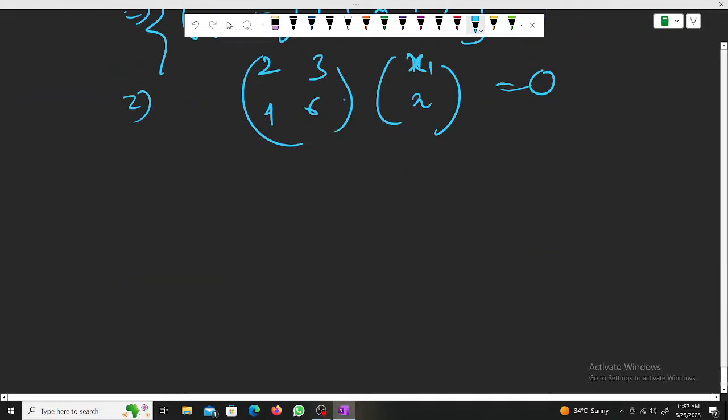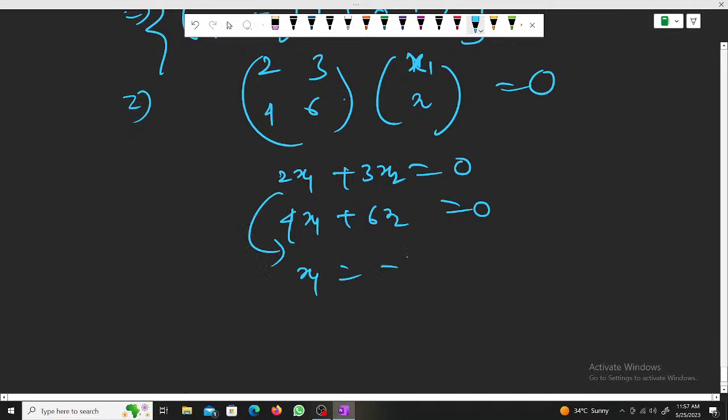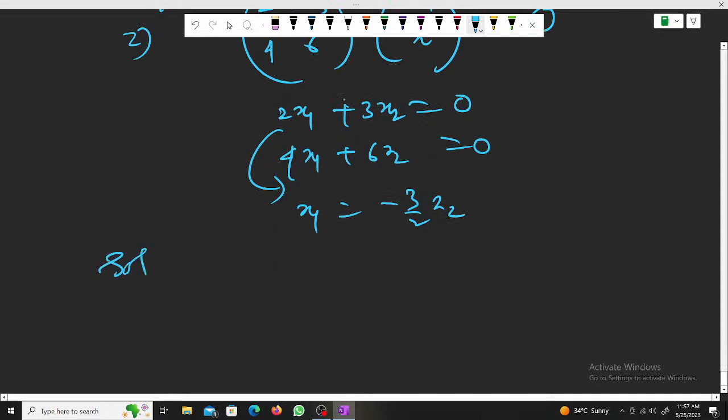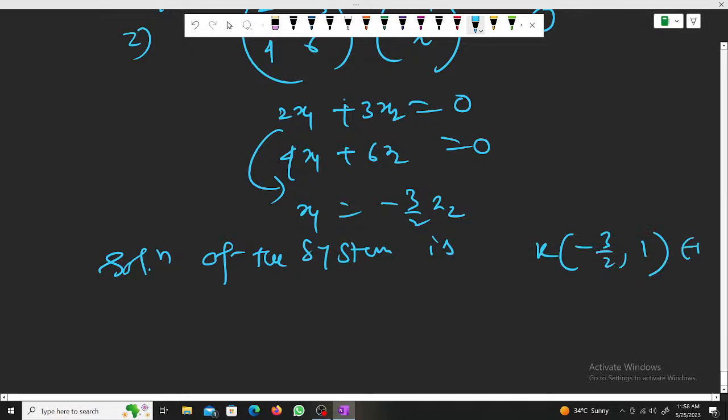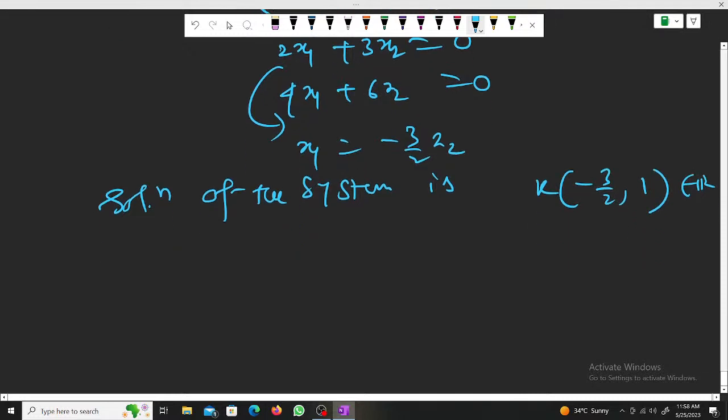Now we multiply this out: the equations x1 plus 3x2 equals 0 and 4x1 plus 6x2 equals 0. Now this is equivalent to x1 equals minus 3/2 x2. Okay, the solution of the system is k into (minus 3 by 2, 1), where k belongs to R.